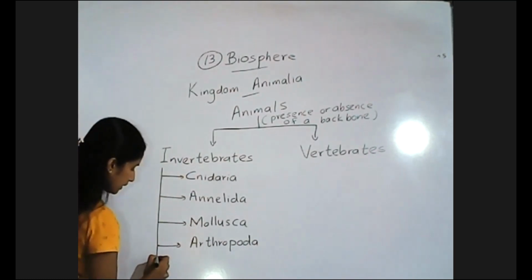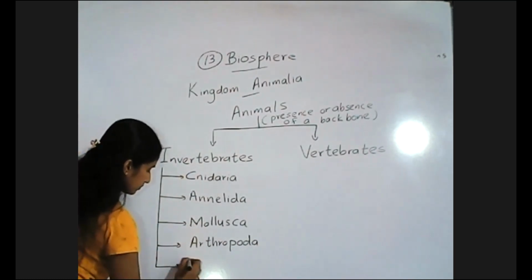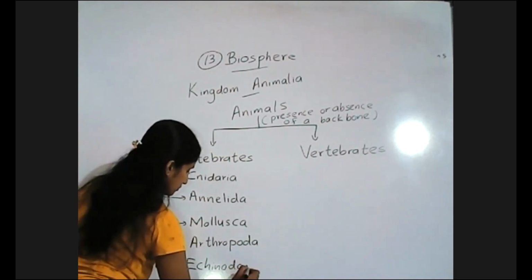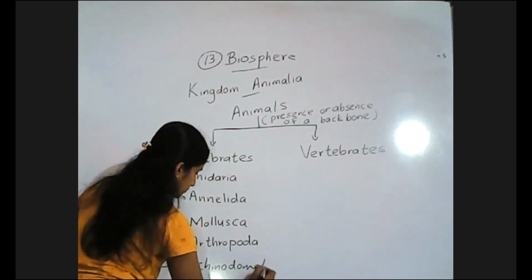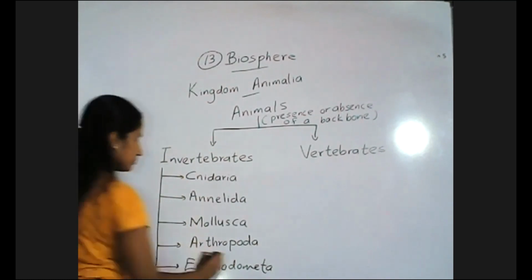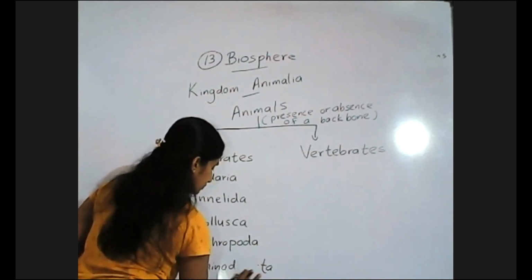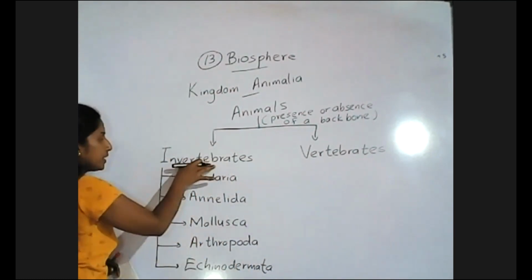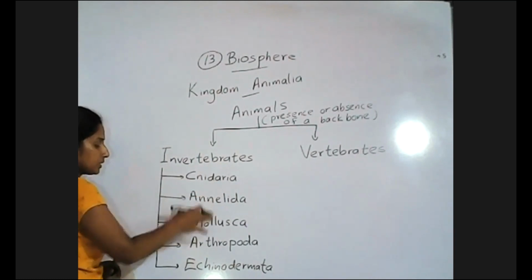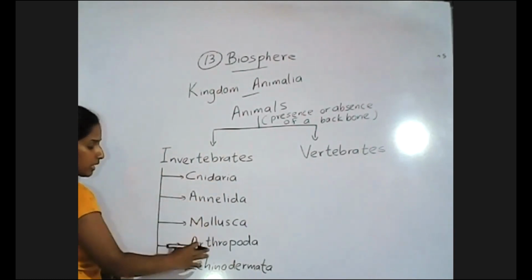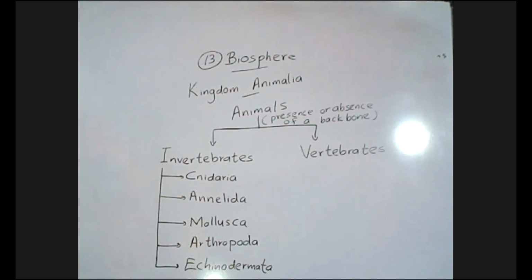Next one, Echinodermata. Invertebrates again separate into 5 groups: Cnidaria, Annelida, Mollusca, Arthropoda, and Echinodermata.